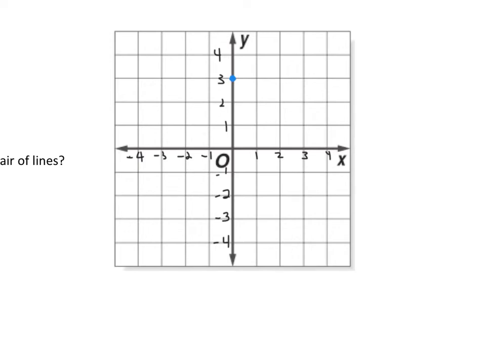So we need to move 1 unit up and 3 units to the right. So from this point, I'm going to go 1 unit up and then 1, 2, 3 units to the right. So I'm going to go ahead and place my second point at 3 and 4.